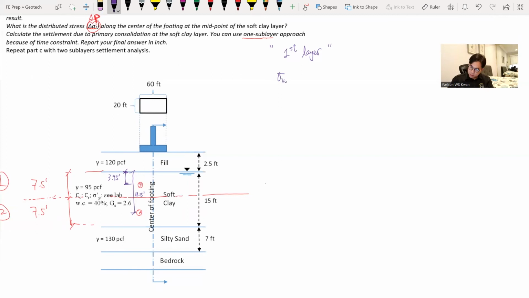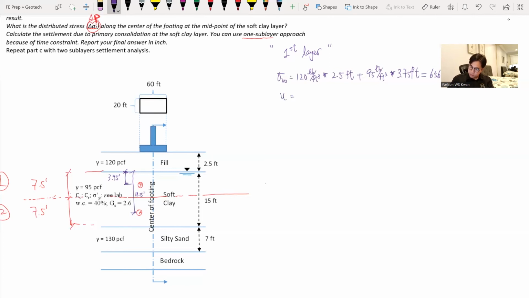So the vertical stress will be equal to the unit weight of the fill times the thickness of the fill, plus the unit weight of the soft clay times again the location that we talked about, which is 3.75 feet down from the top of the layer, and this gives us a stress of 656.25 pounds per square foot.